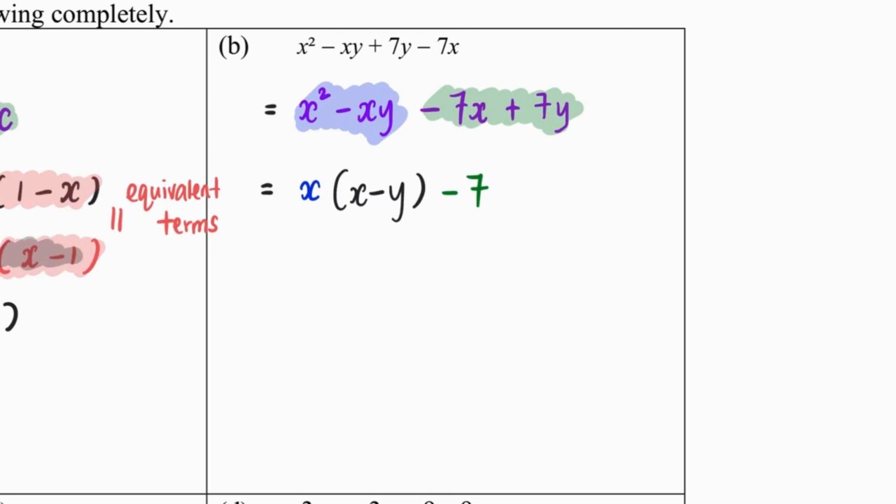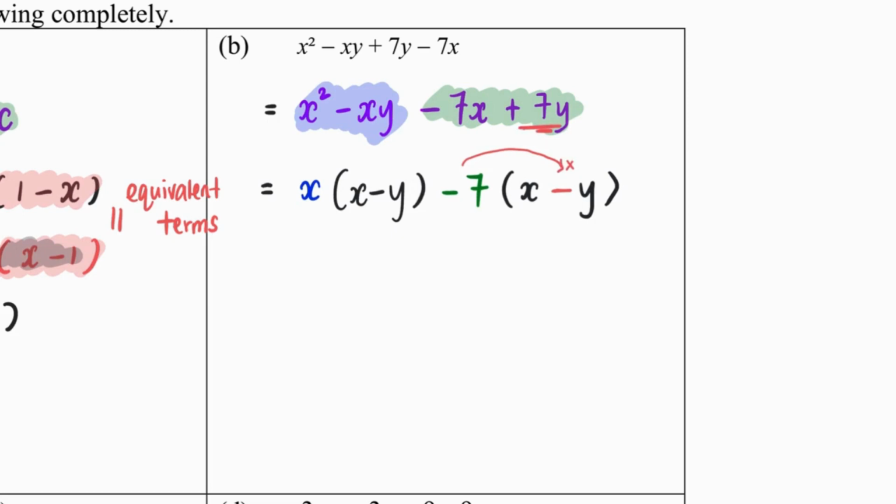And when I do that, x, you will see Mr. Tan writing the minus y. And why does Mr. Tan write that? Because negative 7 times negative y must give me back my positive 7y.